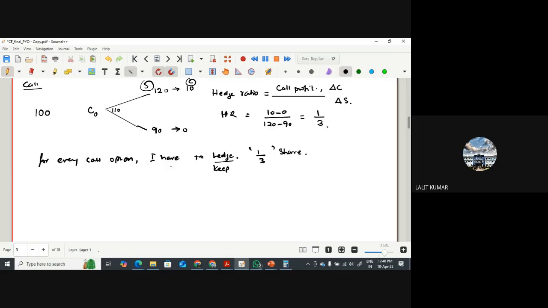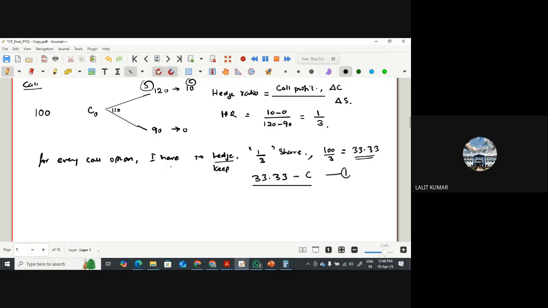To keep this 1 by 3 share, I have to spend 100 by 3, that is 33.33. So if I purchase this share for 33.33, then my present portfolio becomes 33.33 minus C.